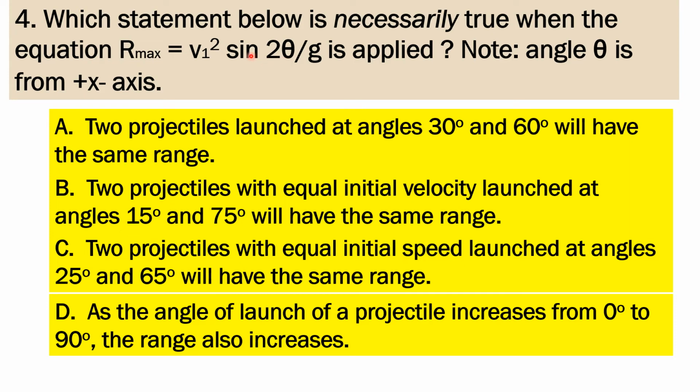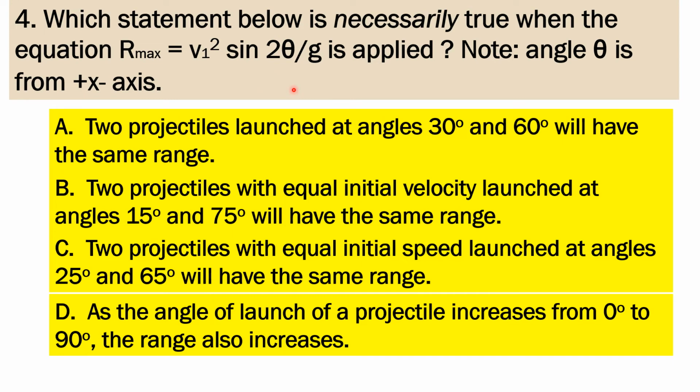For example, in case 1 the angle of projection is 30 degrees. And for another projectile with the same initial speed, the angle of projection, for example, is 60. The first projectile has an angle of projection of 30, the second one has an angle of 60. So what happens? You can check.